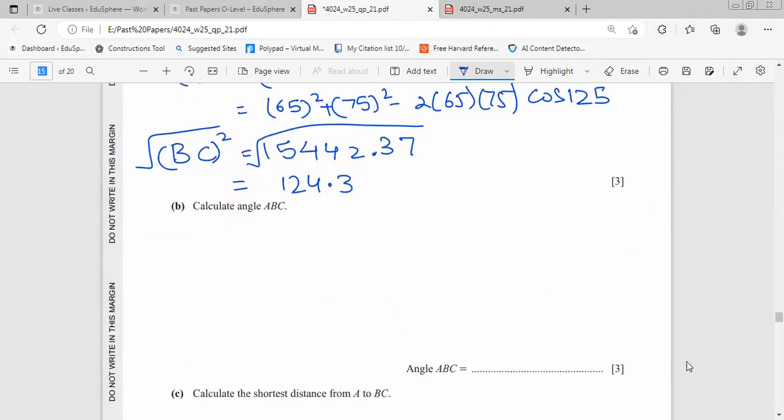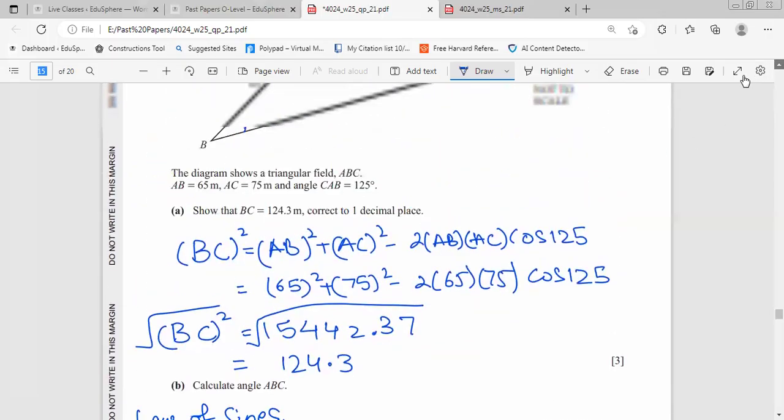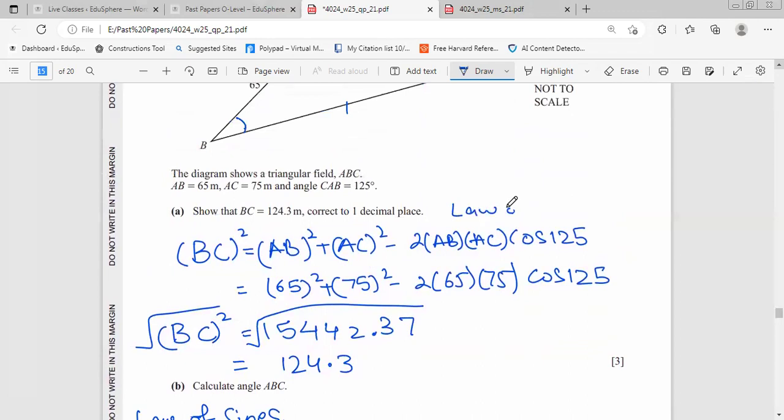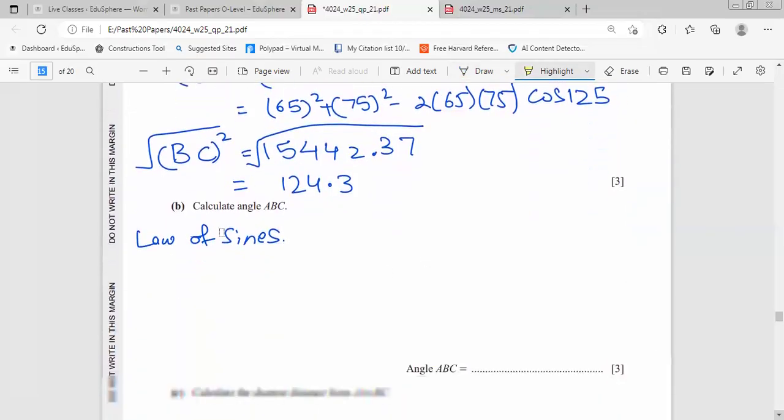So we are using the law of sines. Here we used the law of cosines, it's mentioned that we have used the law of cosines here, and now we are going to use the law of sines here.